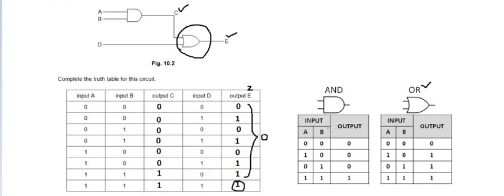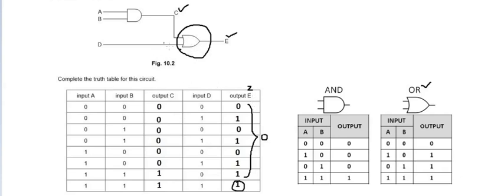In the AND gate we get 0 if one of the entries is 0, and we get 1 only if both the entries are 1. So if you replace this OR gate with the AND gate, we get Z as the output.